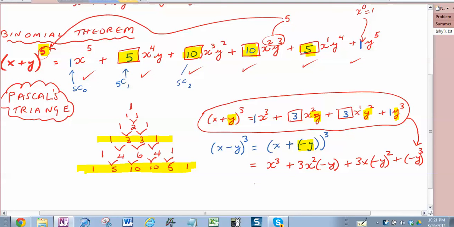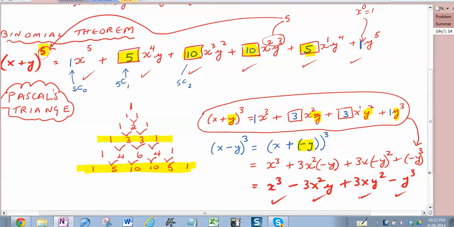It's going to be x cubed, and then when I simplify this, it is 3x squared y. Here, when I square negative y, it becomes positive, but I'm going to get a negative at the end. Again, I've got 1, 2, 3, 4 terms, and they alternate. Start with positive in this case, and then negative, positive, negative.